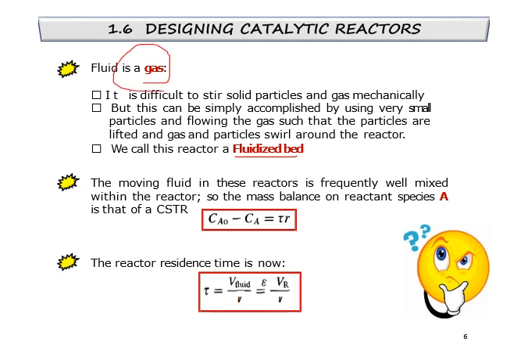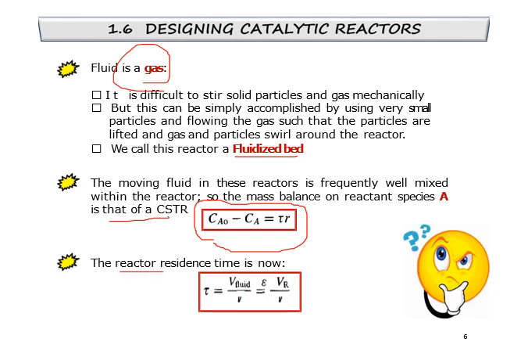So the design equation, we take it from the model of a CSTR, since there is mixing and stirring happening. So we take the CSTR model from last time, in which CA0 minus CA. Again, A refers to the limiting reactant.